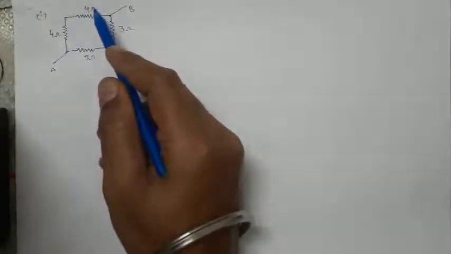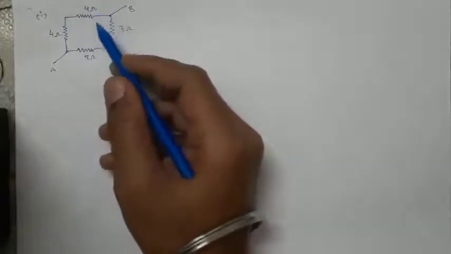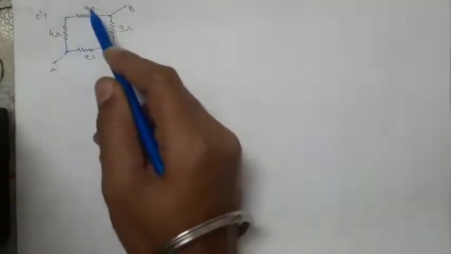But when we move through one path, we get two resistances, 4 ohm and 4 ohm, in the same path, so they are in series combination. First we calculate the equivalent resistance of the 4 ohm and 4 ohm series combination. We name these R1, R2, R3 and R4.